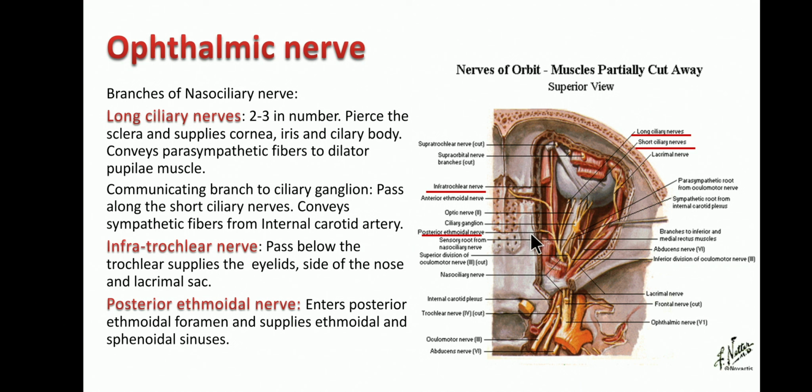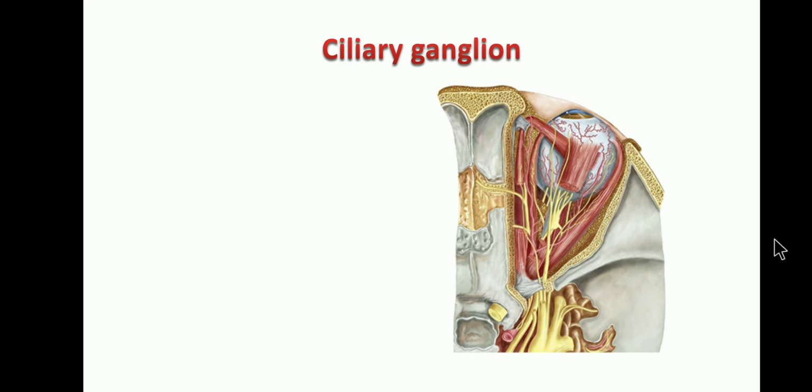So the branches of the nasociliary nerve are the anterior ethmoidal nerve, long ciliary nerve, communicating branch to the ciliary ganglion, and the posterior ethmoidal nerve. These are the branches of the ophthalmic nerve: lacrimal, frontal and nasociliary.